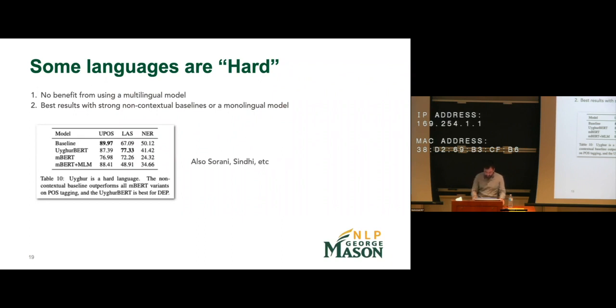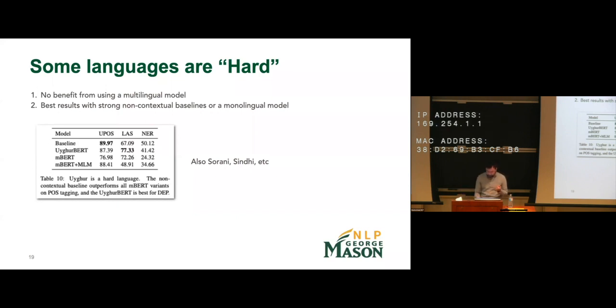It was the same, I'm not going to show you more, they're in the paper, for Sorani, South Kurdish, or for Sindhi and all that. And the interesting part is that for Uyghur, Sorani, Sindhi, the model has seen related languages. Sorani and Sindhi are Indo-European, if I'm not mistaken, Uyghur is Turkic. There are related languages included in the pre-training of the model.